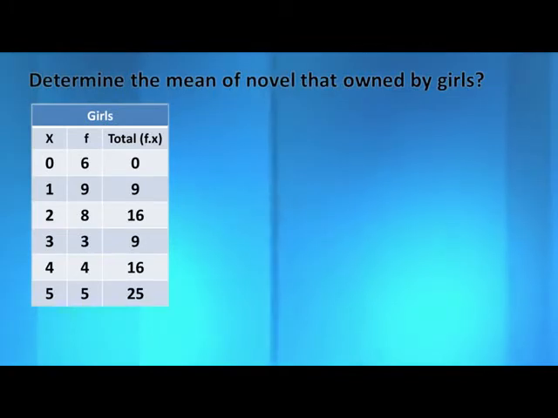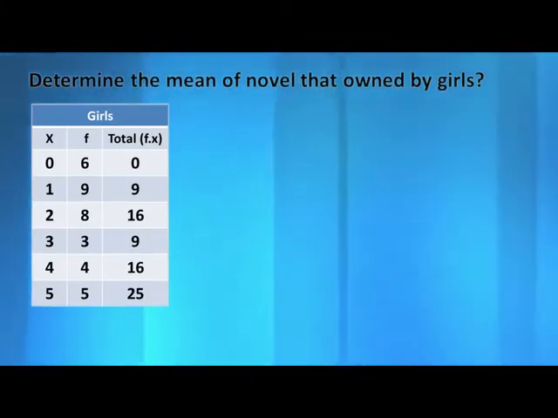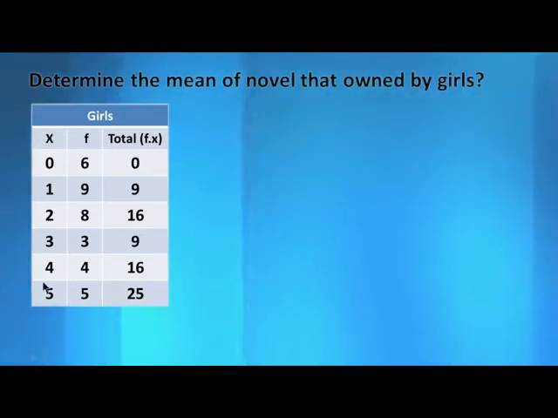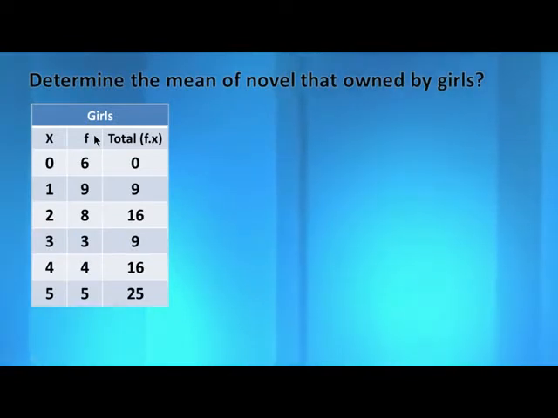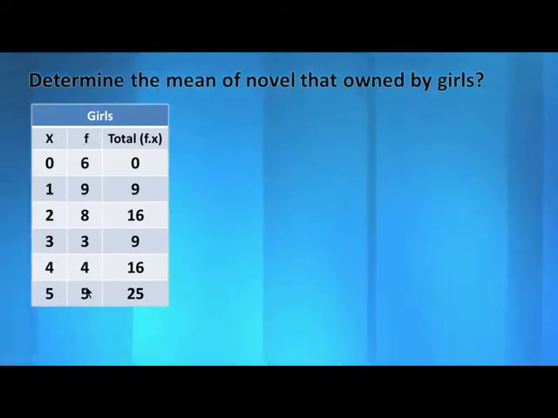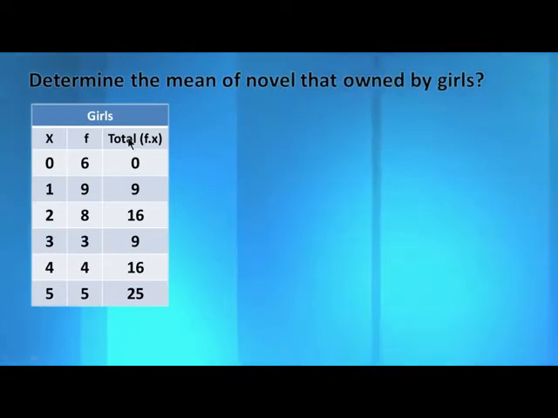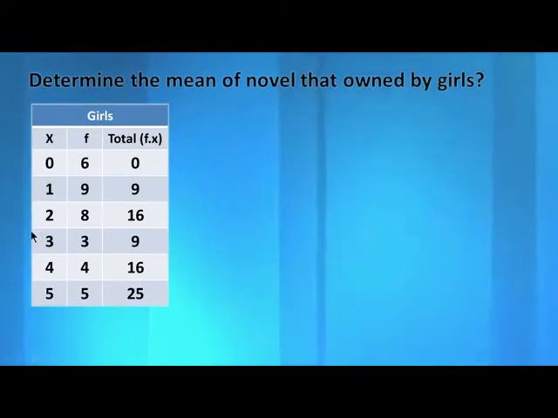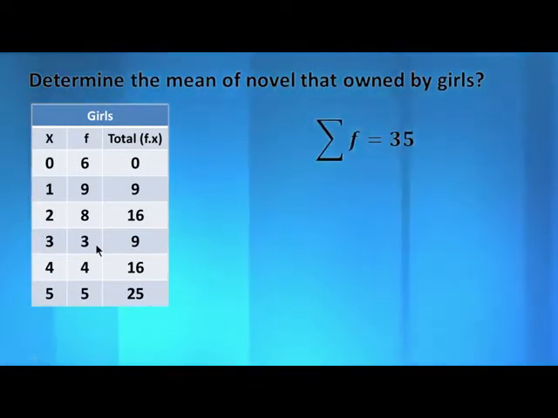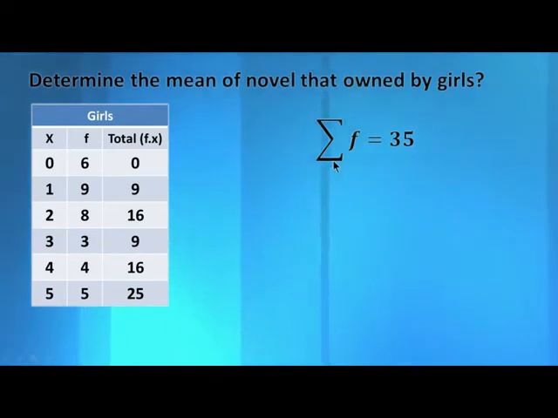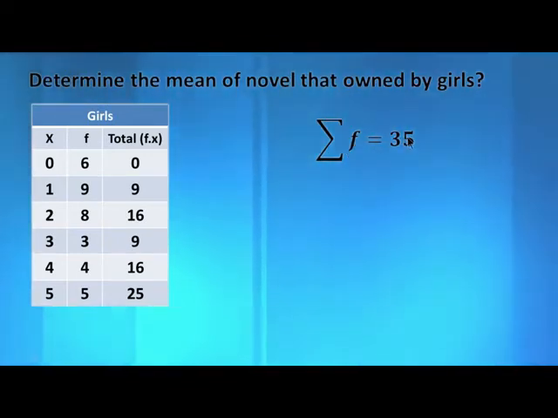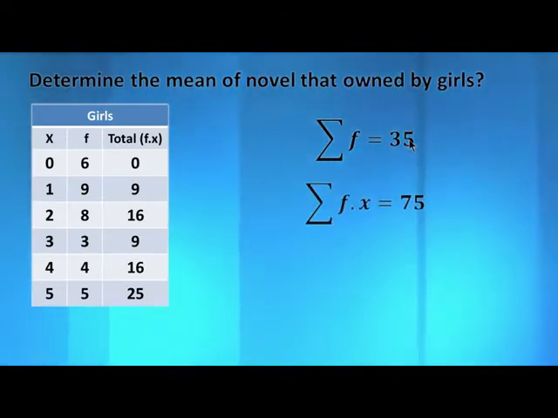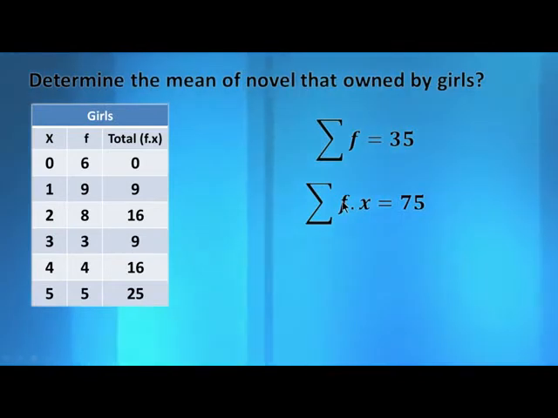Next, determine the mean of novels owned by girls. Let's say this is the X, the novels owned by students, and this is the F, the frequency of students. We're talking about girls here. F times X, you multiply each row, and then you find the sigma, or the sum, of F. The frequency is 35 because there are 35 girls, and the sum of F times X is 75.